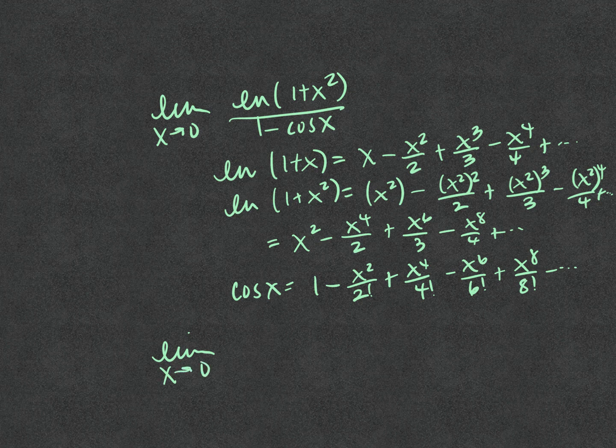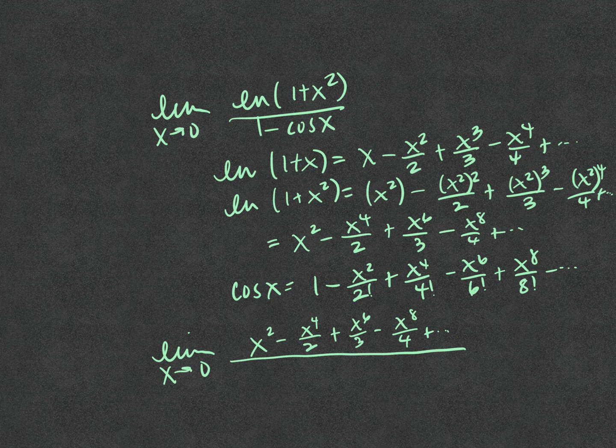The limit as x approaches 0, and the numerator is the natural log, which is x squared minus x to the fourth over 2 plus x to the sixth over 3 minus x to the eighth over 4 plus dot dot dot.